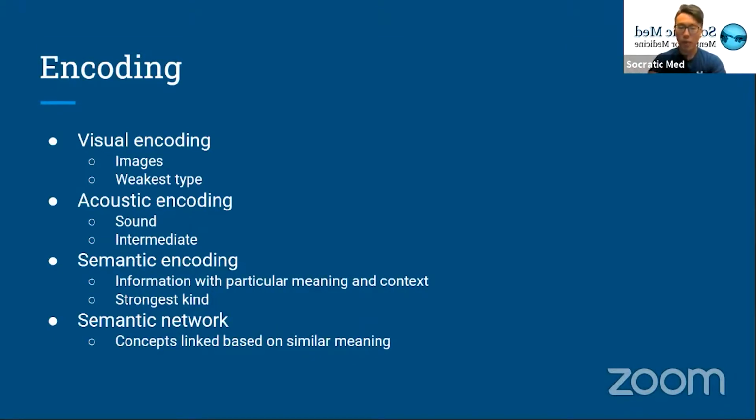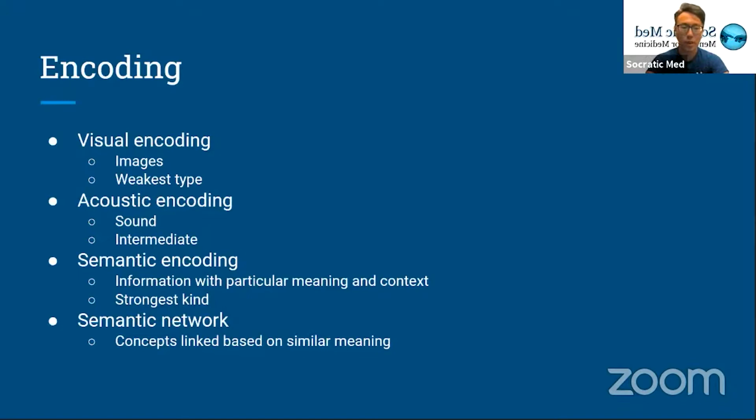But the most powerful kind of encoding is semantic encoding. That's information that we give a particular meaning and context, something that is important to us and that we relate to. So that's the easiest one for us to encode and turn into a memory, because we place a significant amount of meaning and context into it.